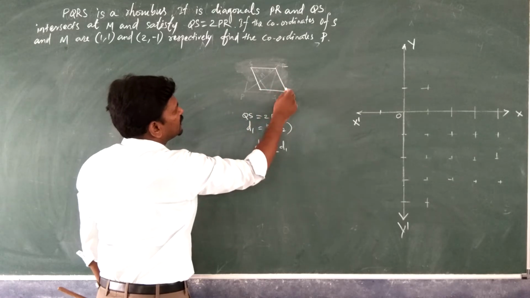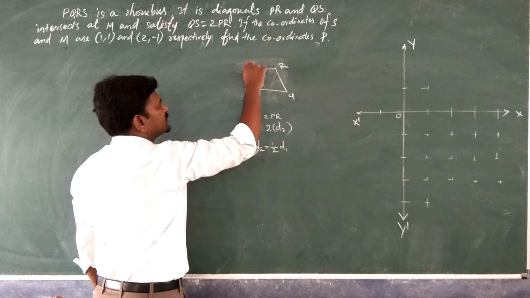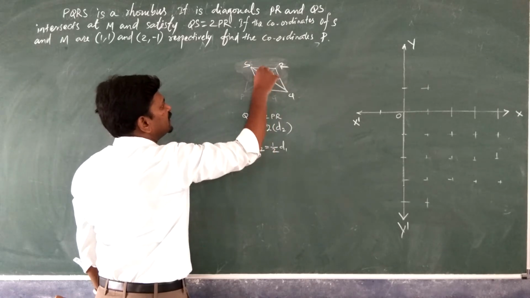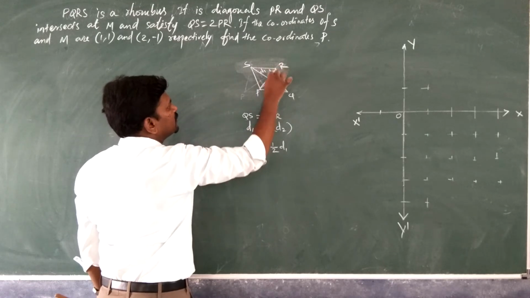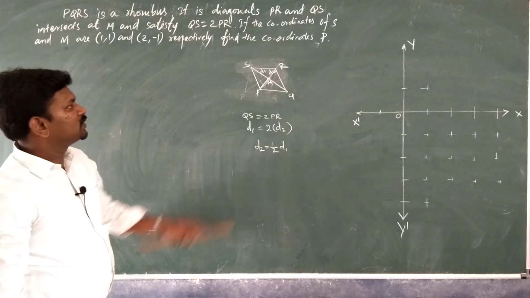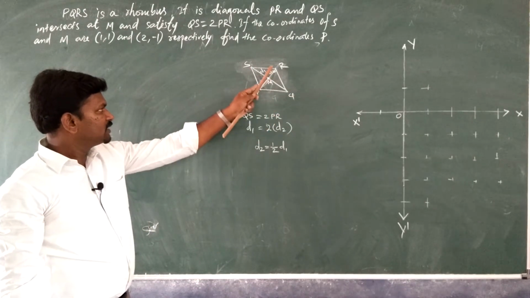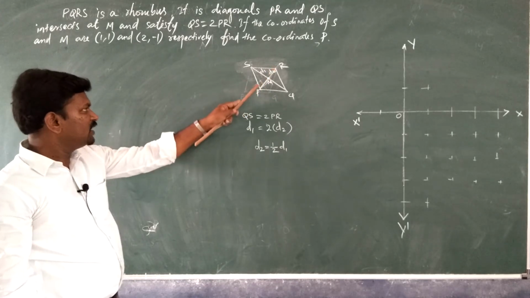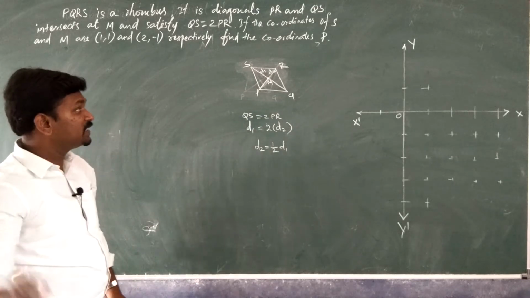P, Q, R, S. This is diagonal D1, this is diagonal D2, this is M. Now diagonal D2 is small, D1 is big. 2 times the diagonal D2 is equal to the diagonal D1. Do you understand? Okay.